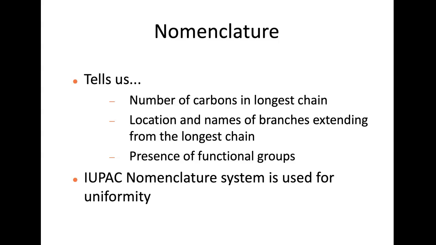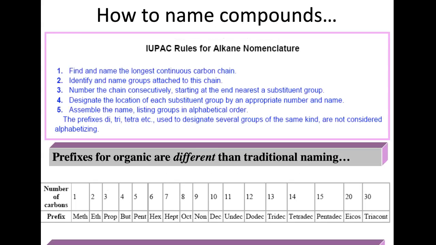And so as we look at how we name these molecules, we do have some rules and we're going to practice those. We use the IUPAC naming system so that everybody's naming them the same. And so we're going to take a look at these molecules, look at the longest chain, and any items coming off of that longest chain that are anything other than a hydrogen.